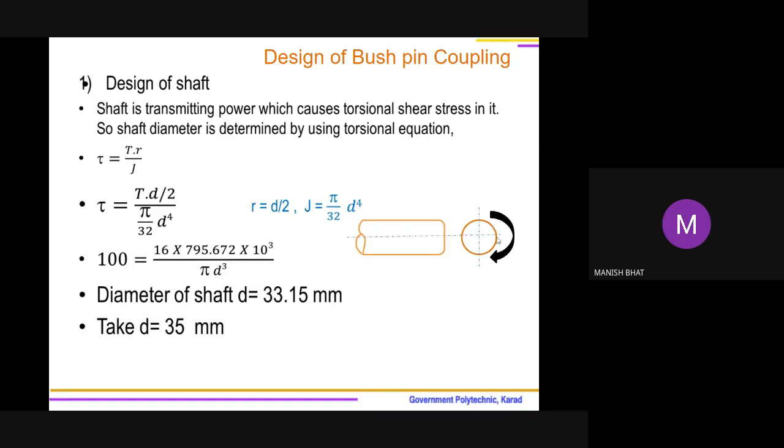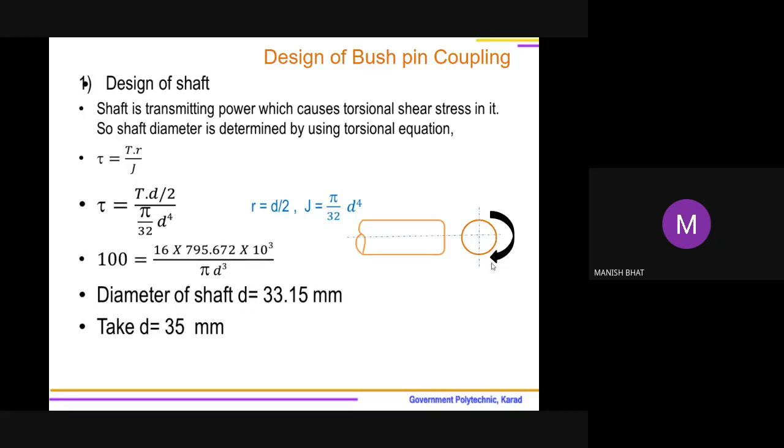Once again, torsional shear stress is not uniformly distributed. It is maximum at the surface. So the maximum stress plane will be the surface, so the distance of the surface from center will be the radius. Correct? So R is equal to D by 2.